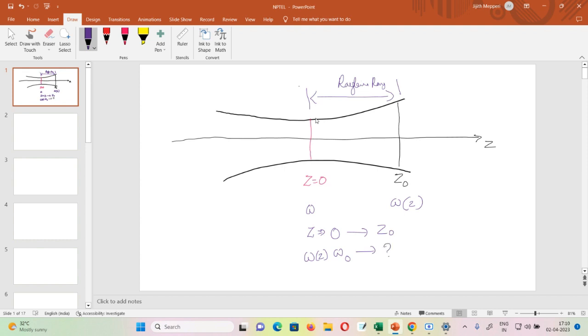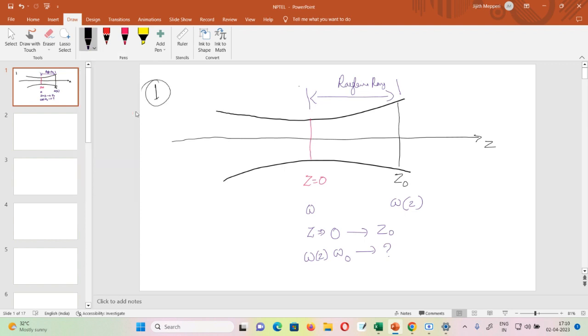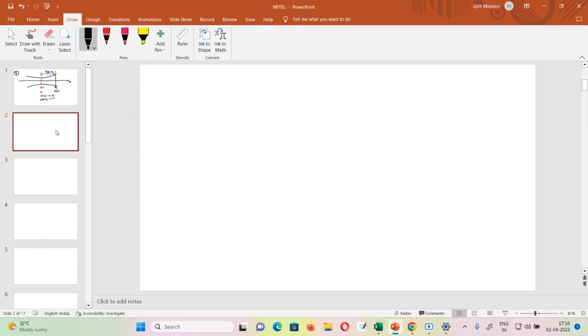So you can directly go for that answer. We know the equation for the Rayleigh range. What is the equation for beam radius? Omega z is equal to omega naught into 1 plus z by z naught the whole square, raised to half.